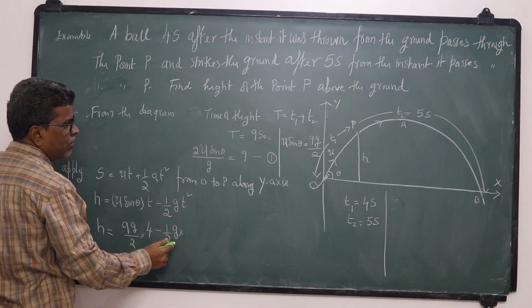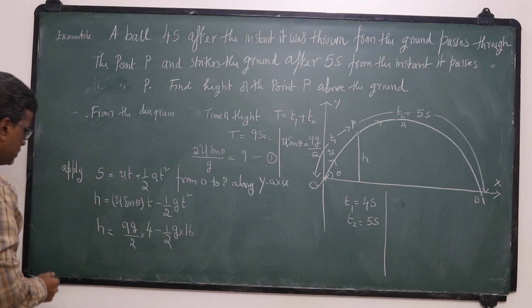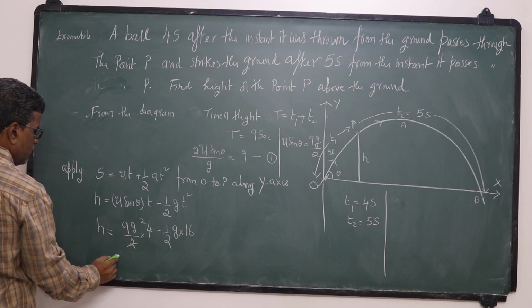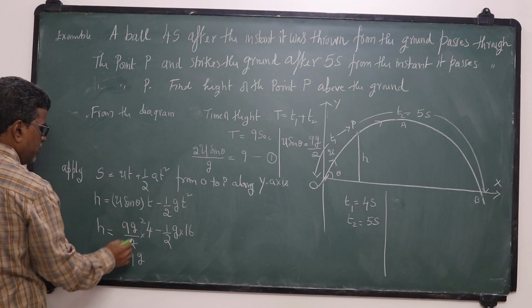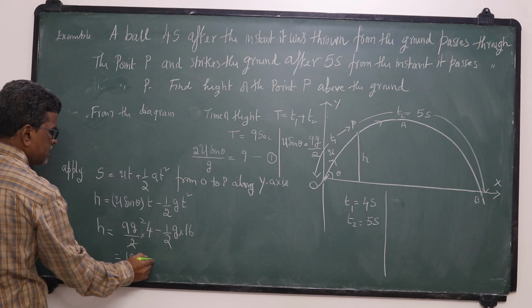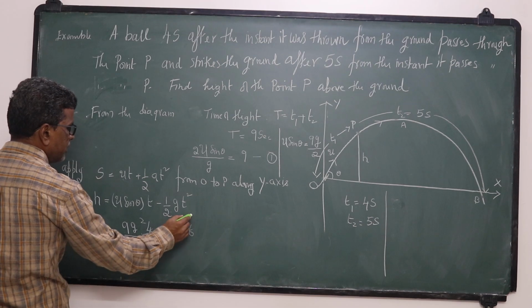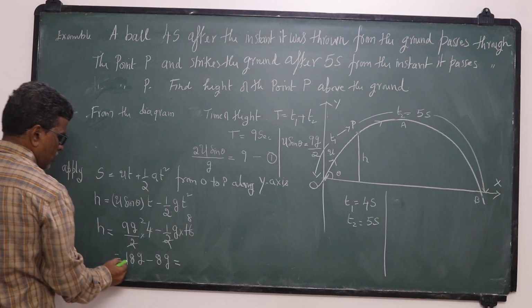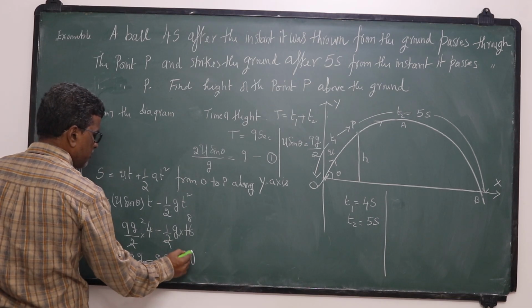t is 4 seconds, 4 square is 16. So 9g by 2 times 4 is 18g, minus half g times 16, which is 8g. So 18g minus 8g is 10g.